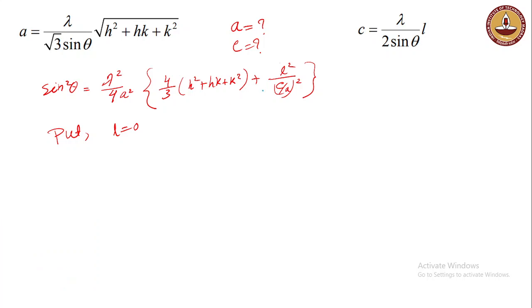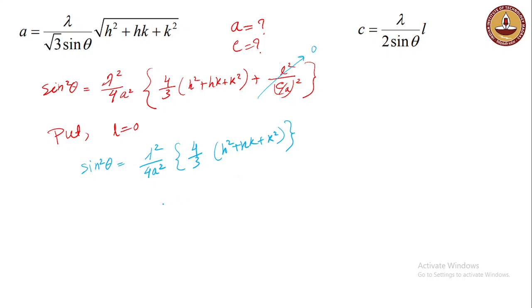This whole part will be 0. We have sine square theta is equal to lambda square by 4 a square, 4 third, h square plus hk plus k square, up to this much only.